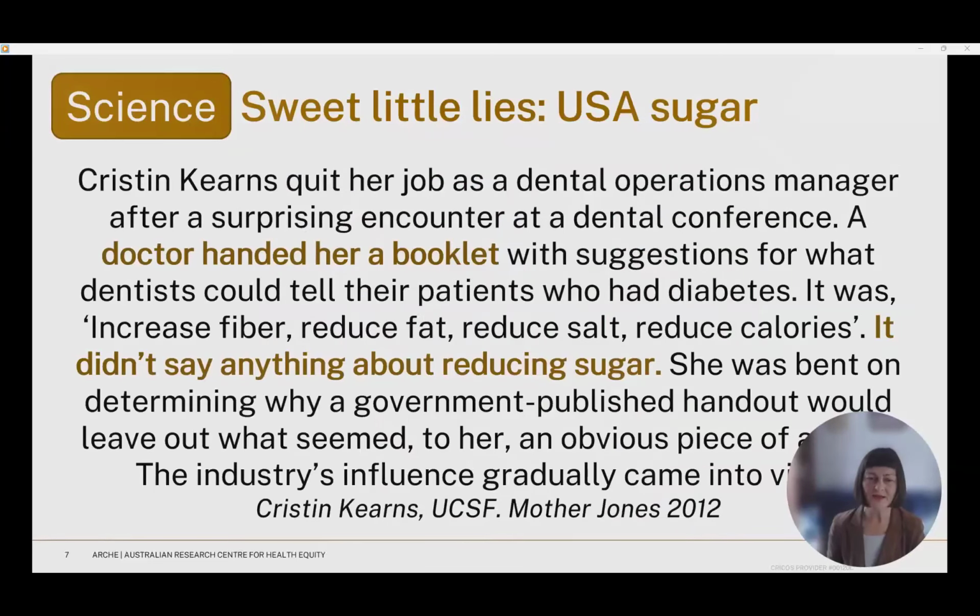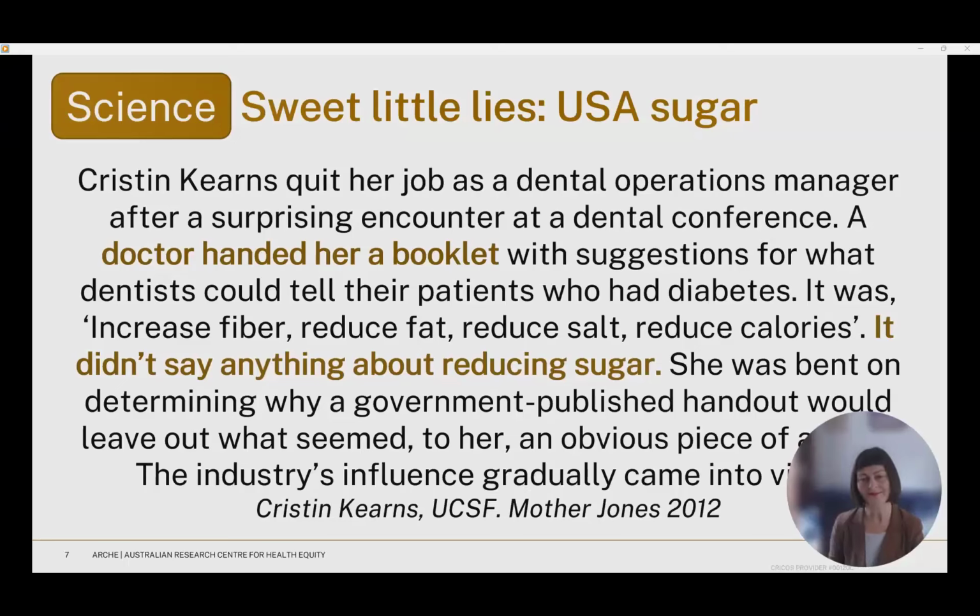Another of the practices that commercial actors use relates to science, information, and misinformation. Here is an example from Kristen Terrence, who, as you can see here, was really intrigued when she was at a dental conference and was handed a booklet by a doctor, so an authoritative figure, about what dentists could tell patients who had diabetes.